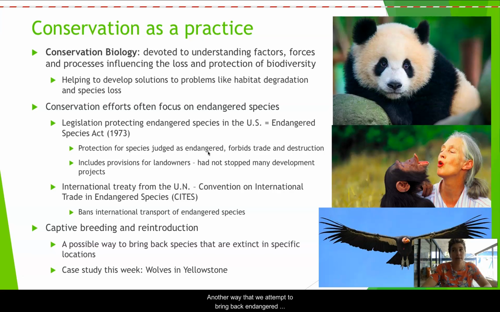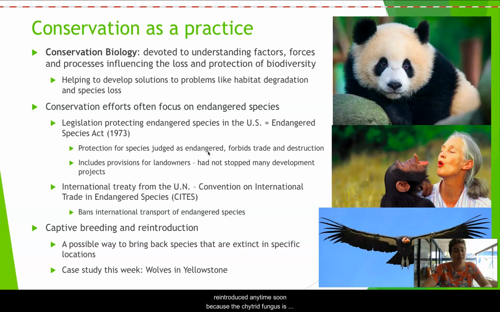Another way that we attempt to bring back endangered species or even extinct species is through captive breeding and reintroduction. Some species are extinct in particular locations, but aren't extinct globally, or they still exist in captivity. For instance, like the frogs we talked about in the first section on the sixth extinction. Those frogs and amphibians can't really be reintroduced anytime soon because the chytrid fungus is still out there.